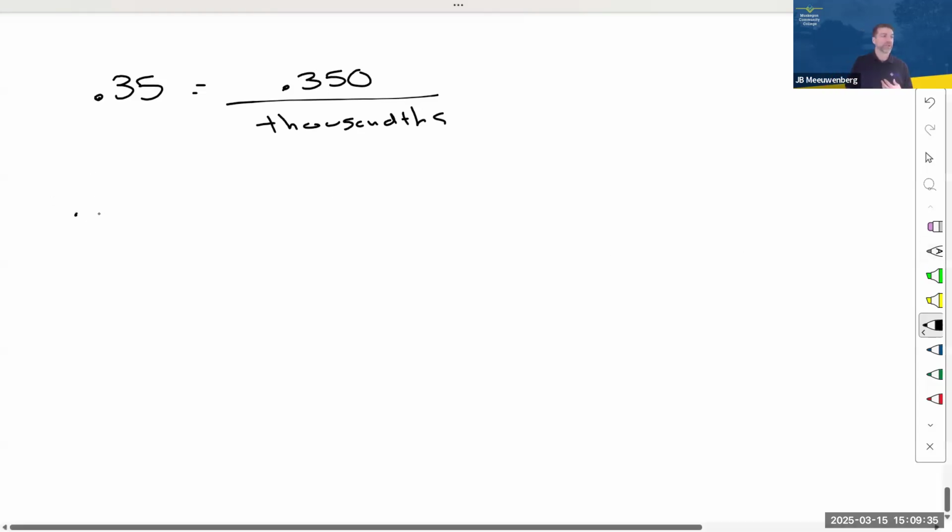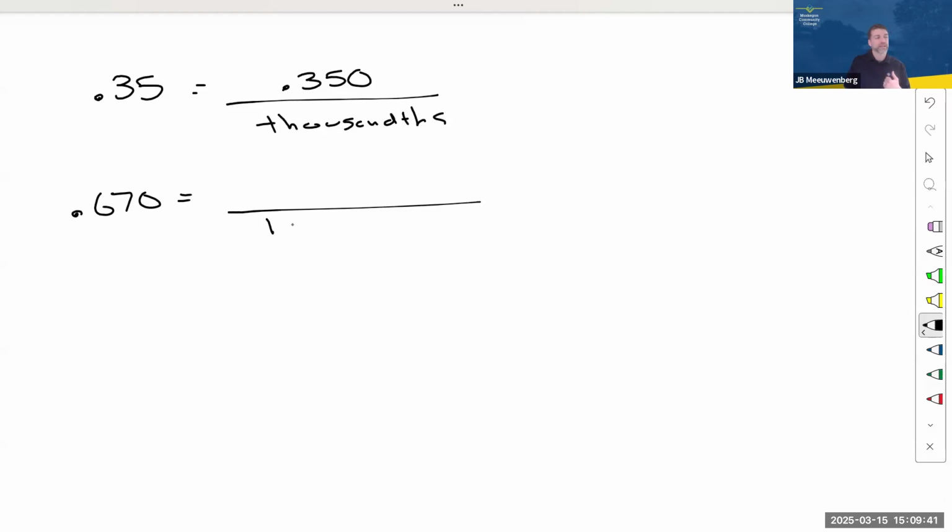Similarly, if we put 0.670 and we rewrite that, but stating it with the last digit in the hundredths place, what would that look like? We have a trailing zero here, and we could write it as 0.67. We could drop that zero and state it as 67 hundredths. And again, that's going to be an equal decimal.